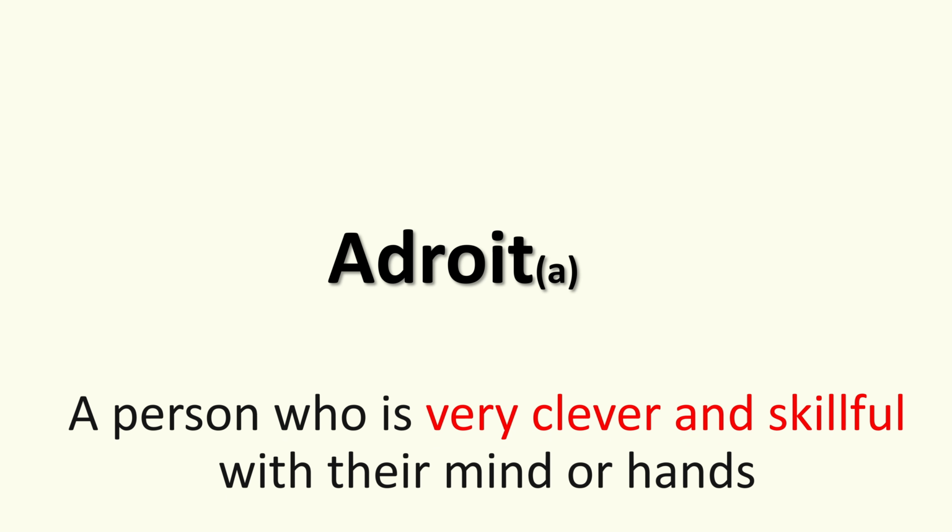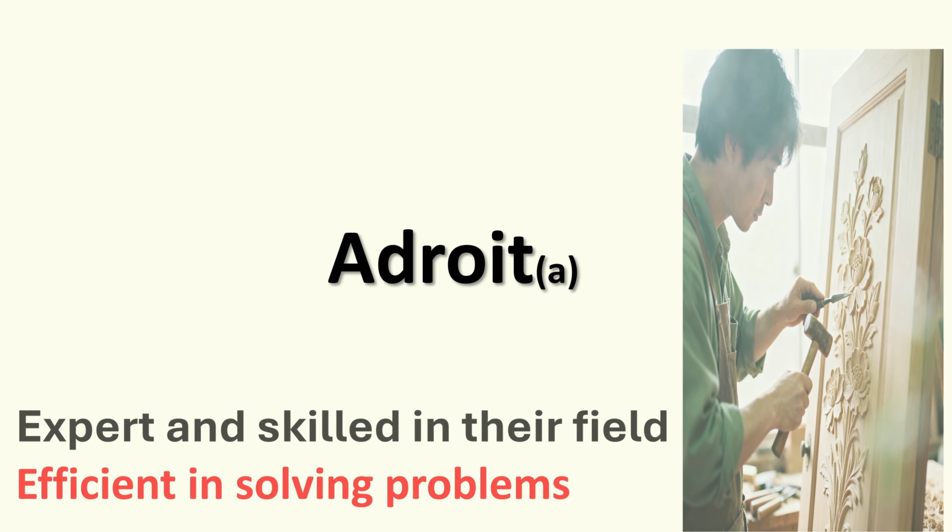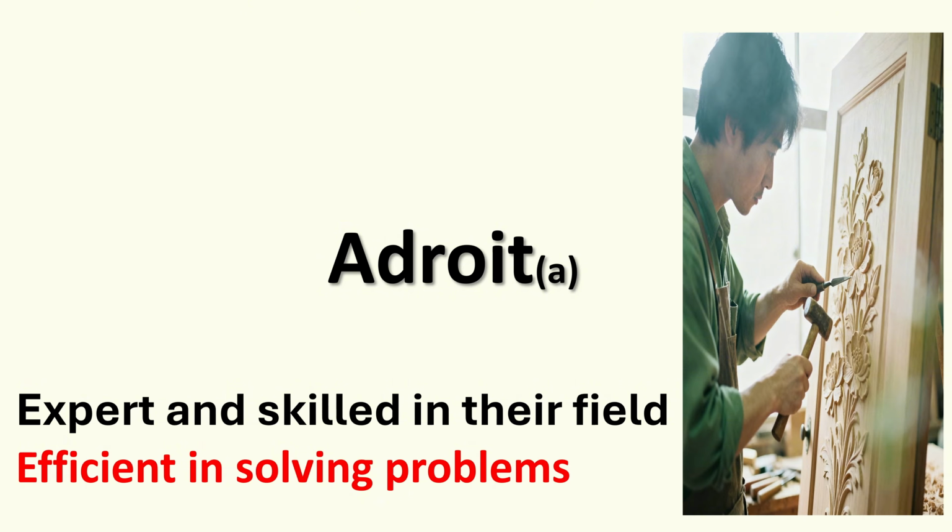The next word is adroit. It's an adjective. It is used for people who are very clever and skillful with their mind or hands. Adroit is a word of praise. Adroit people are very skillful and expert in their work, and they are quick at solving problems or tackling situations.